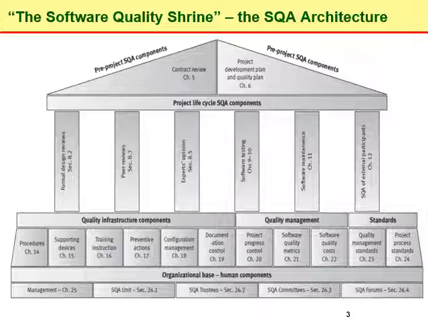So the first component here we see is pre-project software quality assurance components. These components ensure that the project has been adequately defined.